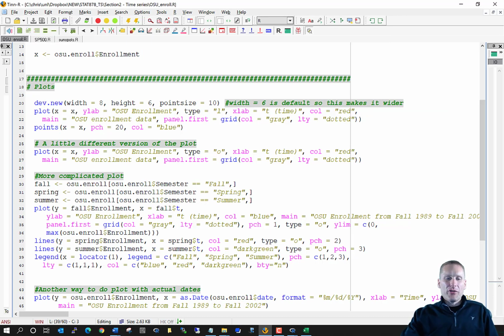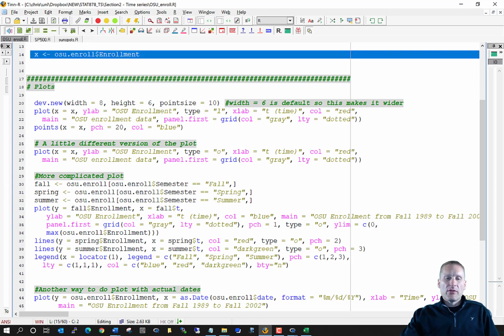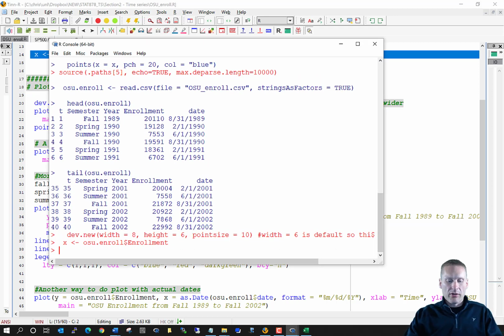Okay, so to do my plot, I can simply use the plot function, where with the x argument, I simply put in where my data is. It's x. And sorry, I forgot to mention, what I did up here is I pulled my enrollment data out of OSU.enroll and put it into an object called x.